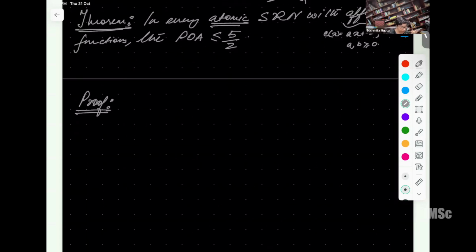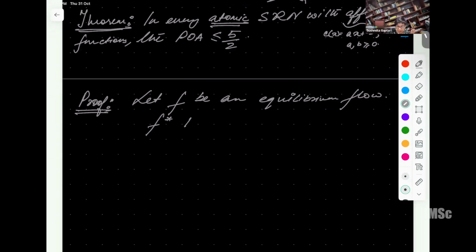First step is as before: let f be an equilibrium flow. This was also something that I left for you. And let f star be the optimum flow. We can have multiple optimum flows, that's all.